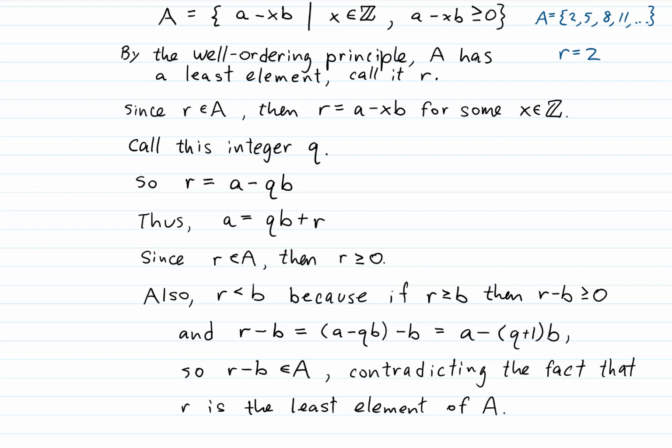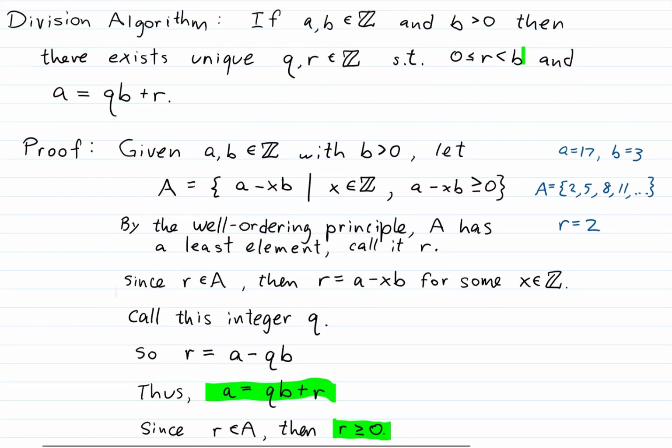Okay, so what do we have? We have R equals A minus QB. Well, actually, that's not what I wanted to point out. Hang on. I want to underline the one beneath it. We have A equals QB plus R, and R is between 0 and B. That's what we are trying to prove.